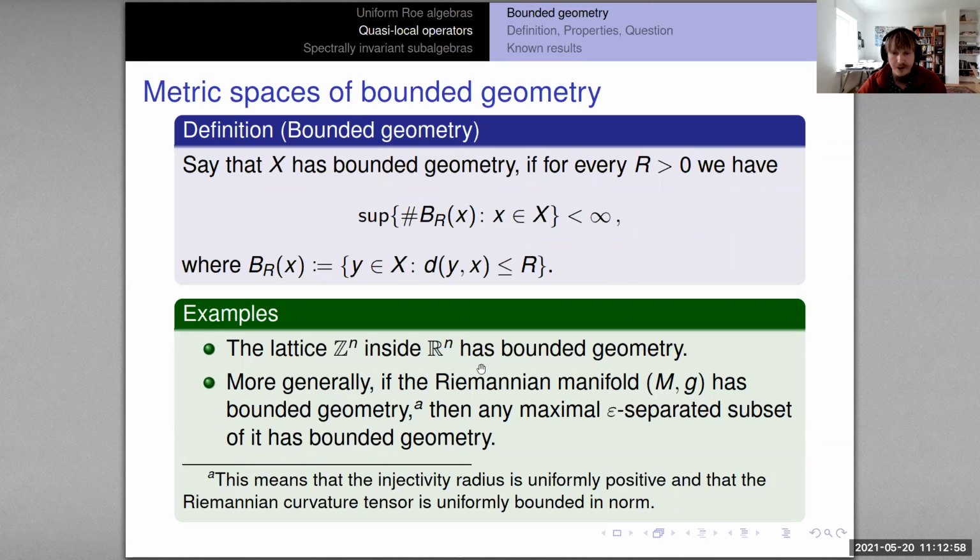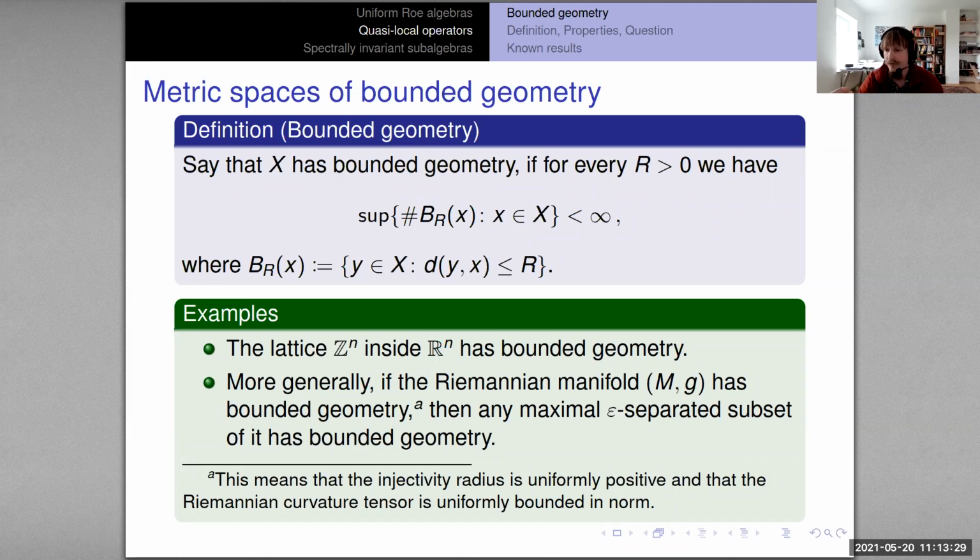And maybe I should note here, I have not written it down on the slides, what happens if you have a Riemannian manifold given and you choose two different maximal epsilon-separated subsets? Then you can form different uniform Roe algebras, namely with respect to the two different subsets that you have chosen. But you can show that in this case, the uniform Roe algebras that you get will be Morita equivalent and hence have the same K-theory.